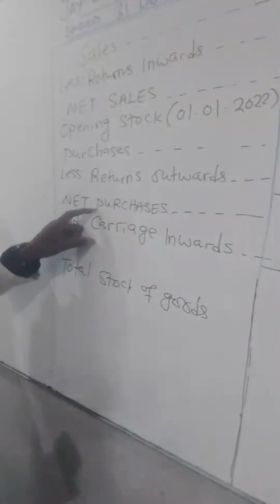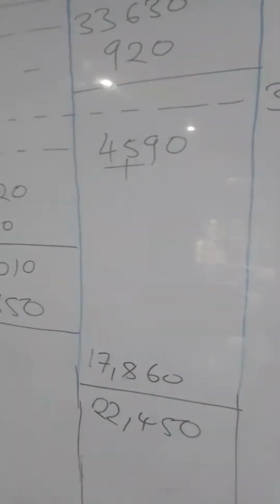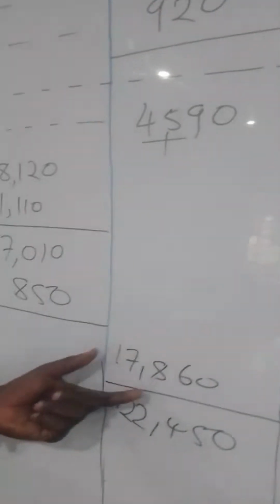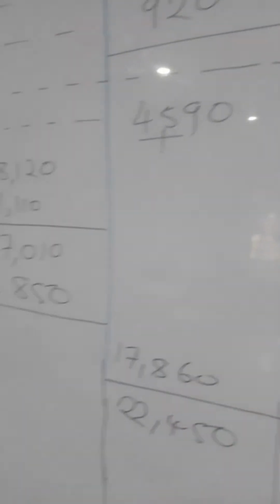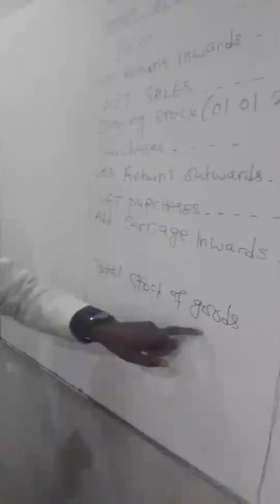So for those that are following, make sure that you correct that error. First we added this to get this number. And then we know that the opening stock is the amount of goods that is already in the shop. We add what is already in the shop plus how much we have bought to know how much that is, and this is the total stock of goods available in our shop.